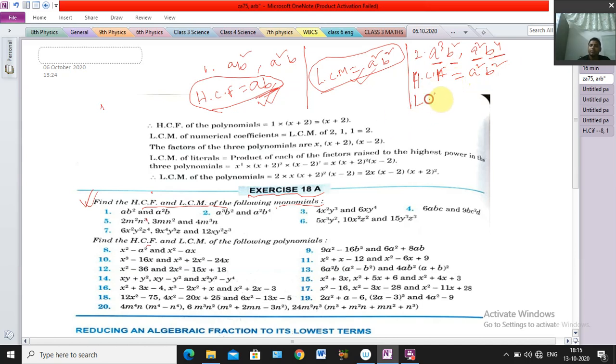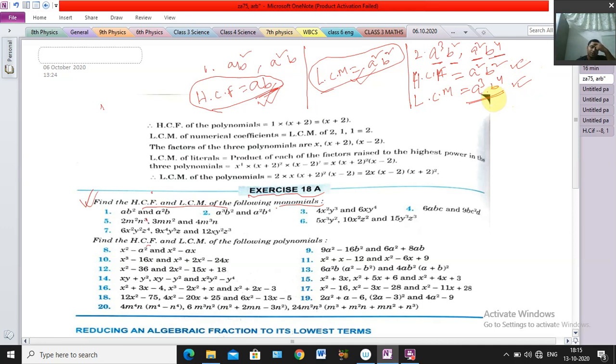Next, LCM. For LCM we take the highest power. A cube and A square, so A cube will be taken. And B square and B to the power 4, so for LCM B to the power 4 will be taken. So we get HCF A square B square and LCM A cube B to the power 4.